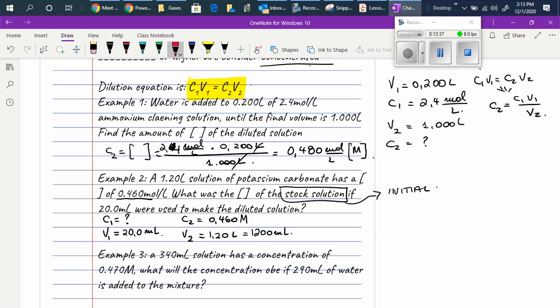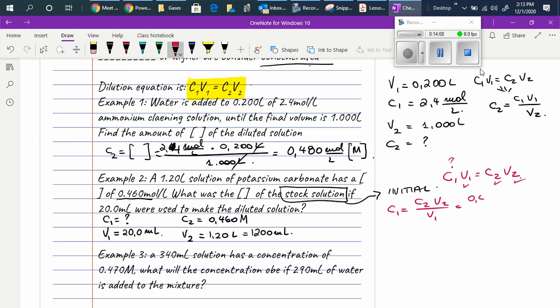So see now what do we have? The formula is C1V1 equals C2V2. We are looking for C1. We know everything else. We know what V1, C2, V2 are. So from here we can say that C1 is equal to C2V2 over V1, and the units of volume are the same, so they will cancel out.